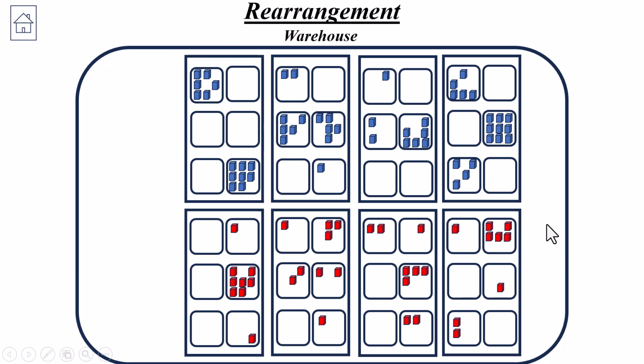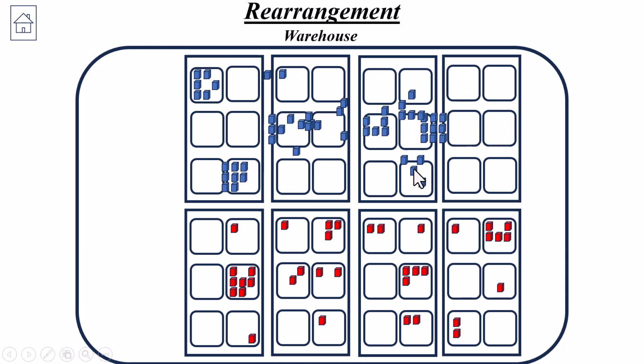So what is rearrangement? Some products are scattered somewhere. Instead of leaving them like this, we place these products in one place. That is one kind of optimization, so that we can efficiently utilize the remaining space. That's what rearrangement is.